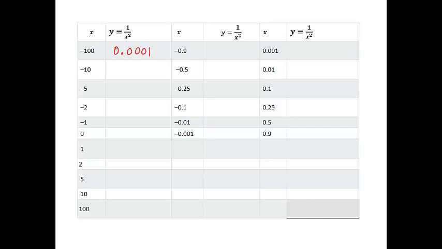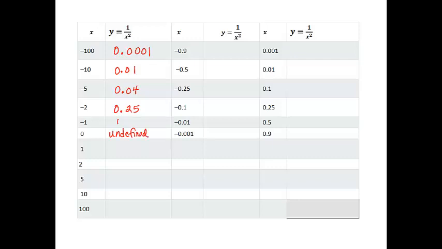Now notice that will be positive because when we square a negative value, we get a positive number. 1 divided by negative 10 squared is 1 divided by 100, or 0.01. 1 divided by negative 5 squared would be 1 divided by 25, or 0.04. 1 divided by negative 2 squared is 1/4, or 0.25. 1 divided by negative 1 squared is 1 divided by 1, or 1. And we know at 0 we can't divide by 0, so it's undefined.